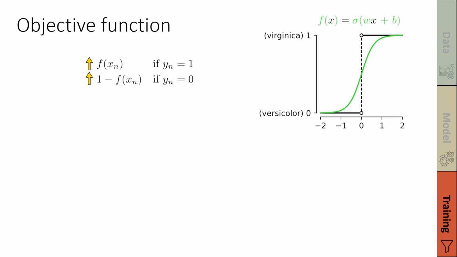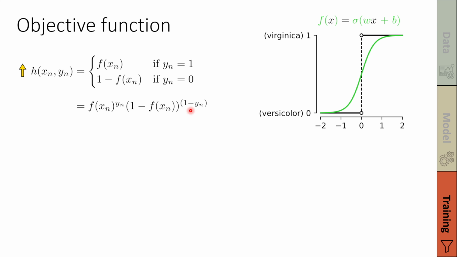And this way we can just give our objective function a name. I'm calling it h in this case. And the goal is to maximize this objective function. And now I'm going to simplify this objective function a bit and write this as a single line equation. And this is exactly equivalent to what we have above. So for example, if yn is equal to 1, this term is f of xn.